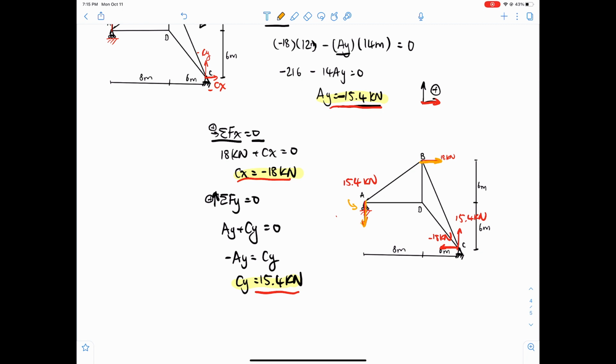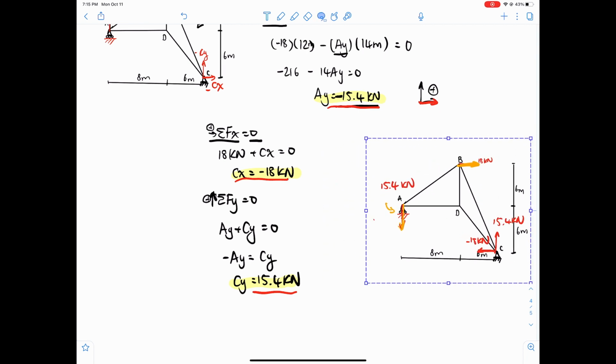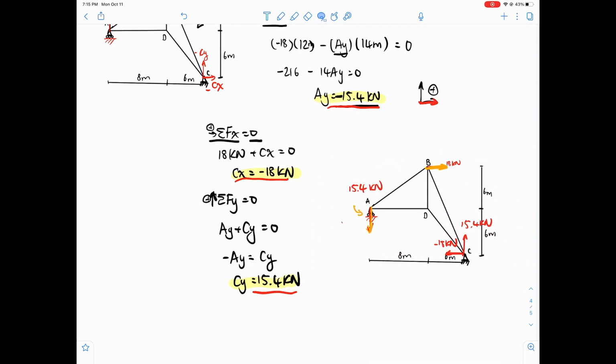And in order to hold this 18 this way from translating like this, it would be holding it back this way. I should get rid of that negative, it might confuse some people. But it is holding it back to the left.